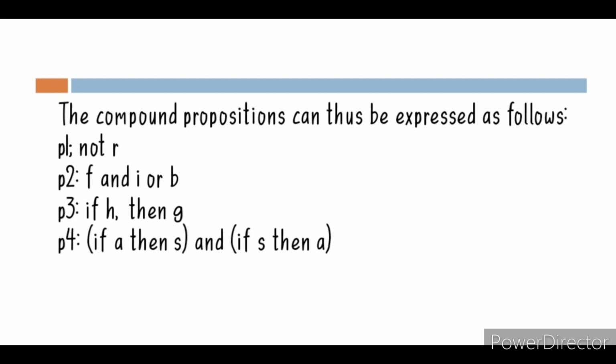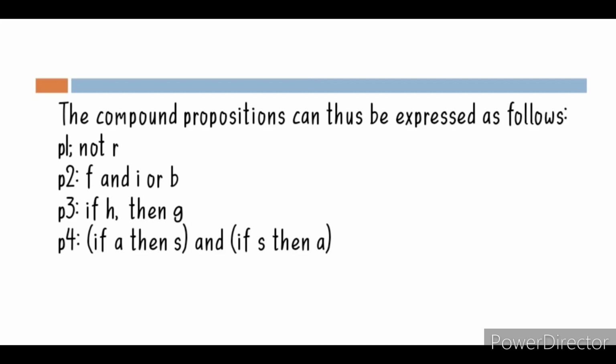So, for P sub 1, the compound proposition can be expressed as square root of 2 is not a rational number. For P sub 2, using logical connectors and and or, logic is fun and interesting or boring.